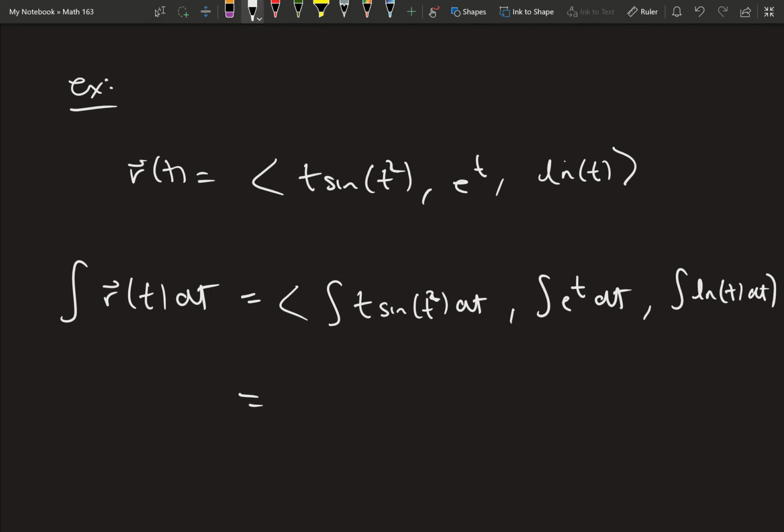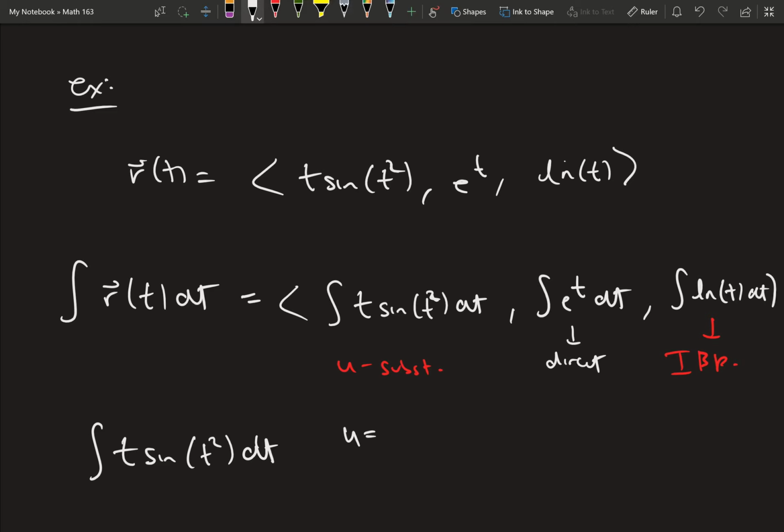The first part is a u substitution. Here, this is a direct computation because the antiderivative of e to the t is e to the t. And here, we'll have integration by parts. I wanted to show a couple of different methods. So let's compute each integral separately, and then we'll put everything together.